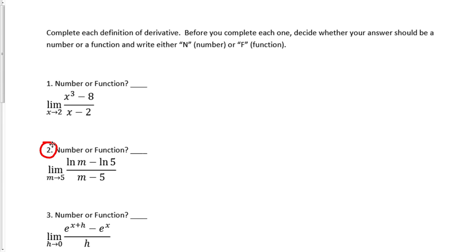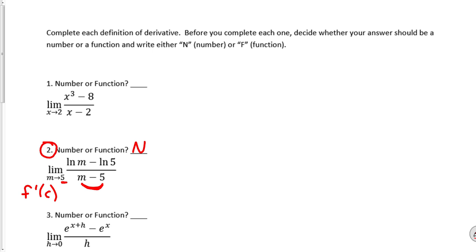So take a second, take a look, and decide a number or a function. And when I look at this, I know that this is the f prime of c form of my definition of derivative because I have a subtraction here, and m is going to 5, which is also a clue, so that's going to be a number.